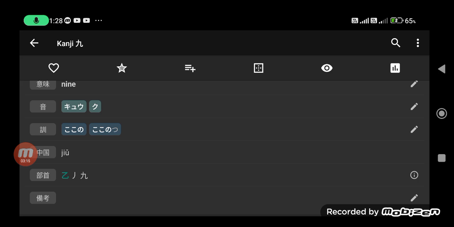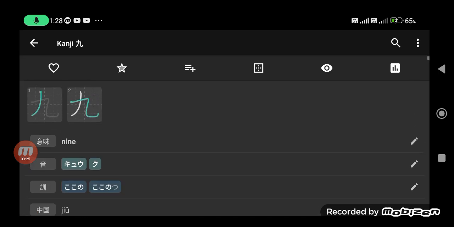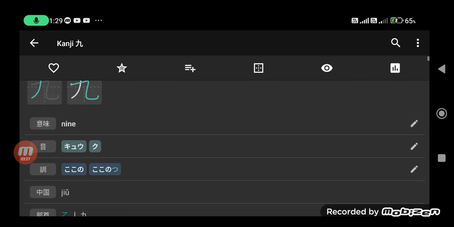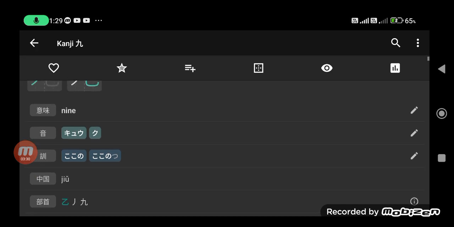Okay, so what is jiu here? Jiu here is the pinyin, or the Mandarin Chinese reading for the number 9, because we all know that kanji emanates from China. Its origin is China.